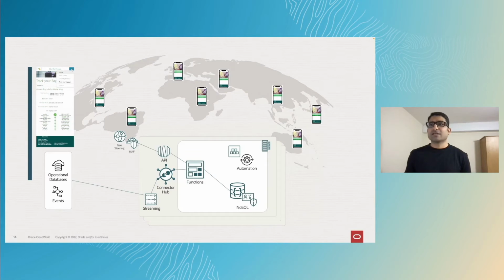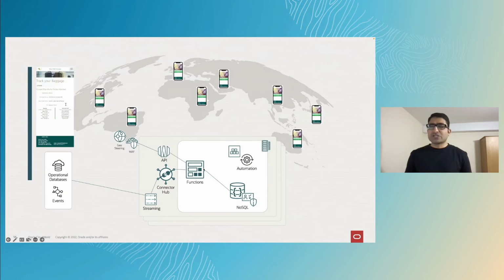For this, we have set up a fictional entity called Blue Mist Airways that focuses on the passenger experience and provides a mobile application where passengers can track the exact location of their baggage in the application. This application is powered by Oracle Functions and other OCI services that are available in a serverless way.